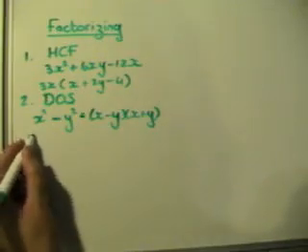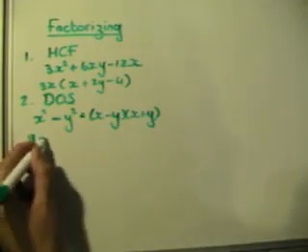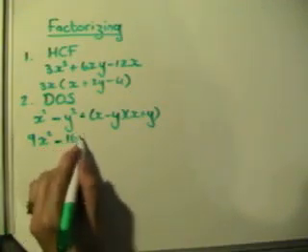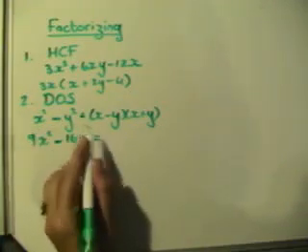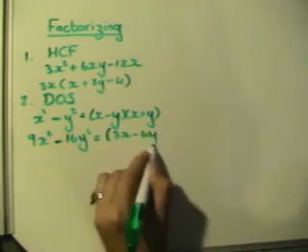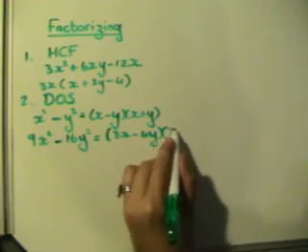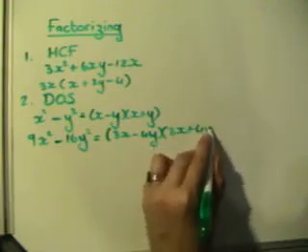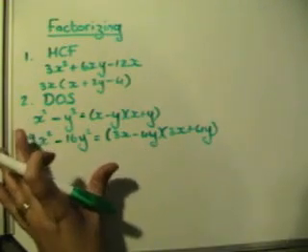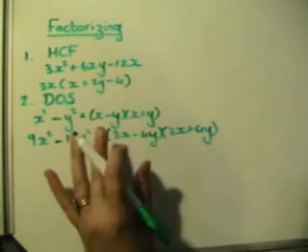Meaning if I have, for instance, a squared number 9x squared minus a squared number 16y squared, this will factorize into 3x minus 4y in the one bracket, and 3x plus 4y in the other bracket. And this is difference of squares, how that works.